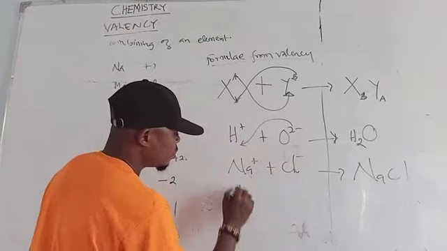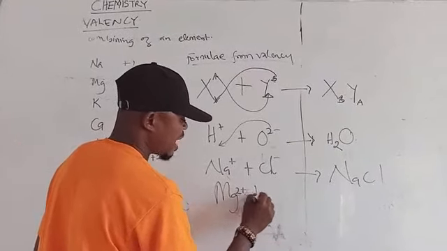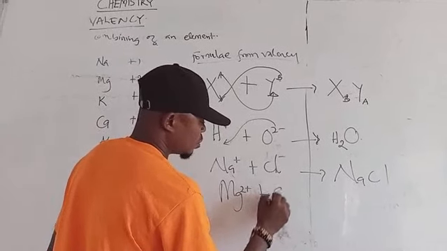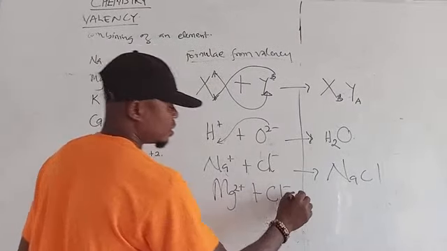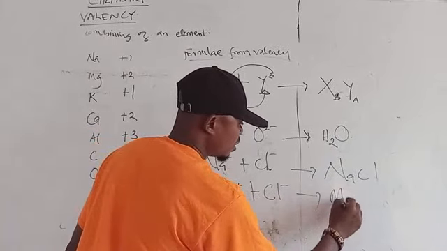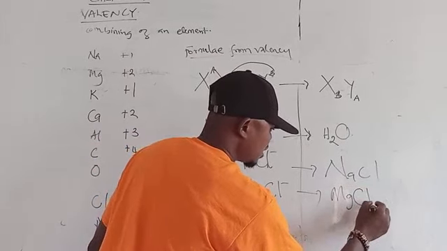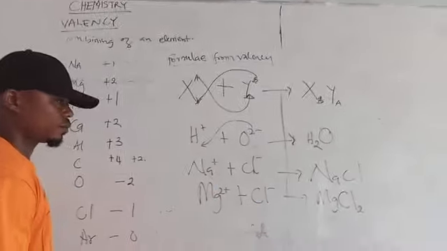But when we have magnesium 2 plus reacting with chlorine minus 1, you bring the 1 down, so this is going to be magnesium and then chlorine, Cl2.